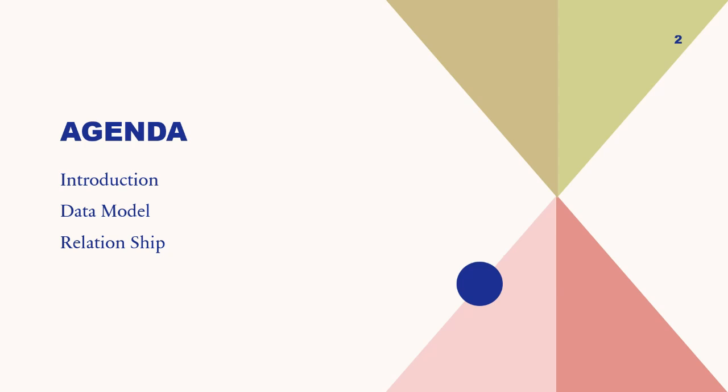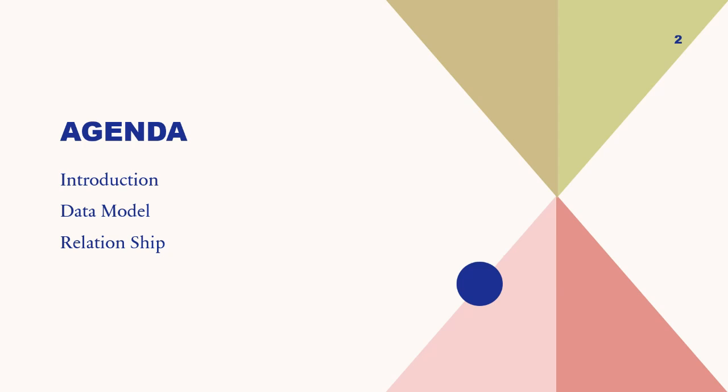We should create one data model. What is a data model? If we want to create a summary from different tables, then we have to add the tables in one place, and that is known as a data model.